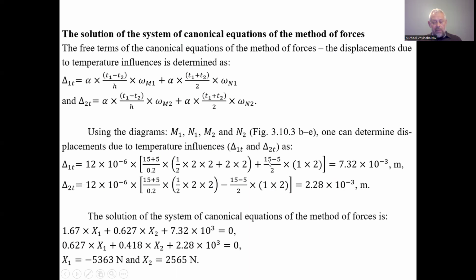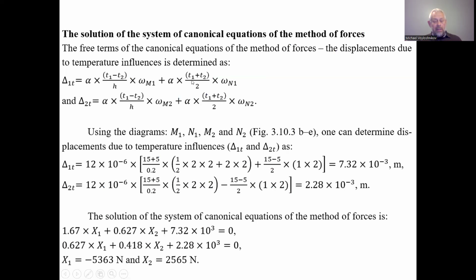In the second case we have the difference. This is because the second temperature is negative: the first is plus 15 degrees Celsius, the second is minus. So when we add 2 plus 15 and subtract the negative temperature, minus 5 degrees, we have plus together.